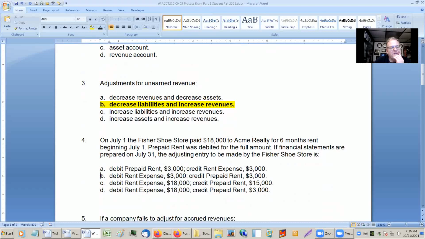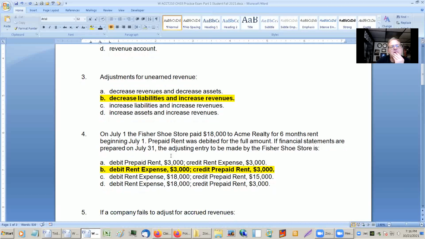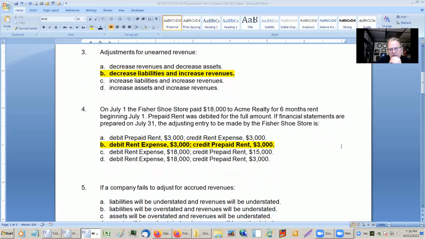Okay, 4 is B. Rent expense and prepaid rent. All right, 5.